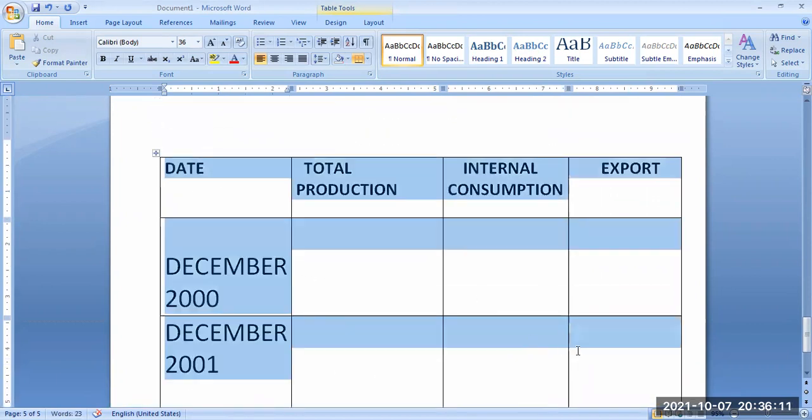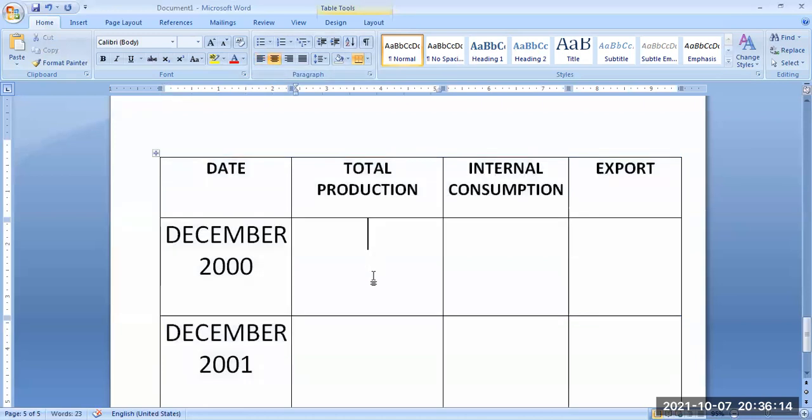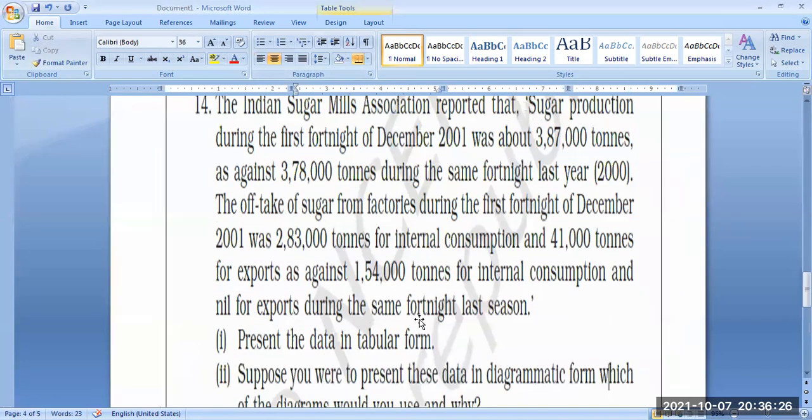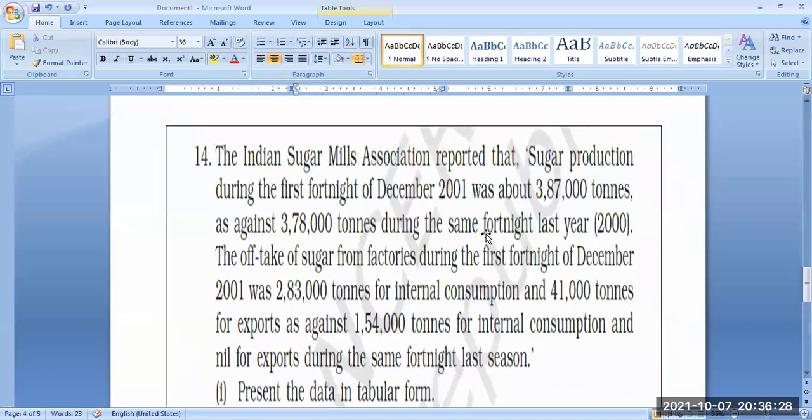So now next, total production is required. See, in December 2000, what is the production? The Indian Sugar Mills Association reported that sugar production during the first fortnight was about 3,87,000, as against 3,78,000 tons during the same fortnight last year, 2000.